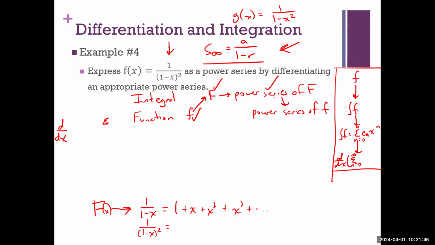So how do we get to the power series of lowercase f? Do the derivative, right? So what is the derivative of 1 plus x squared plus x cubed and so on? Right, it's going to have this form here.